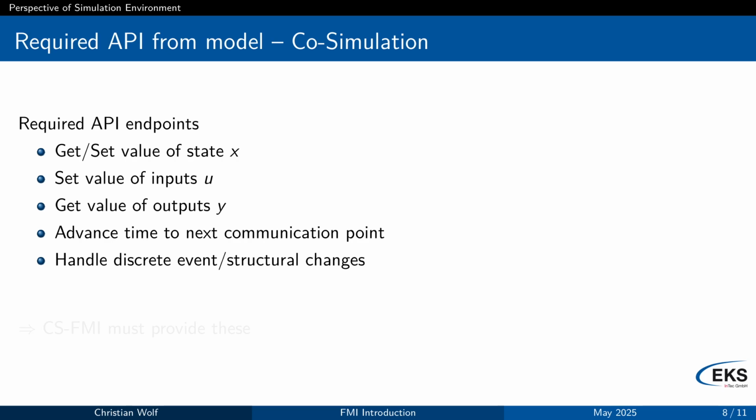You have to provide functions in the API of your FMU that allow you to do exactly those things. And this is more or less the topic or the task of the Functional Mock-up Interface, to define such an interface such that it's working as expected.